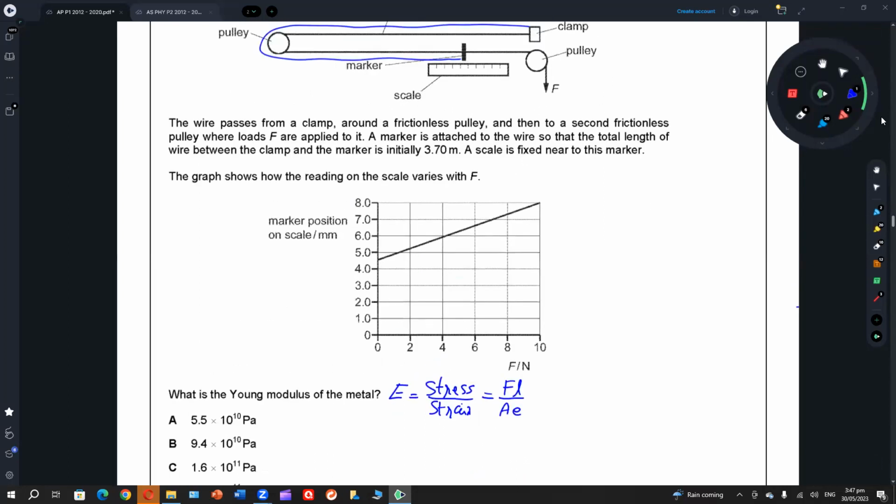And now we should see how we can find the Young modulus of the metal. So either we go for a concept of gradient, but it is not an extension load graph. It is a length load graph. So we should see the thing because it's not simple to read the graph. It's not a perfect graph.